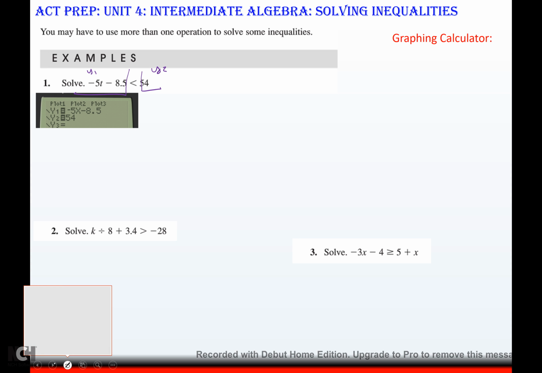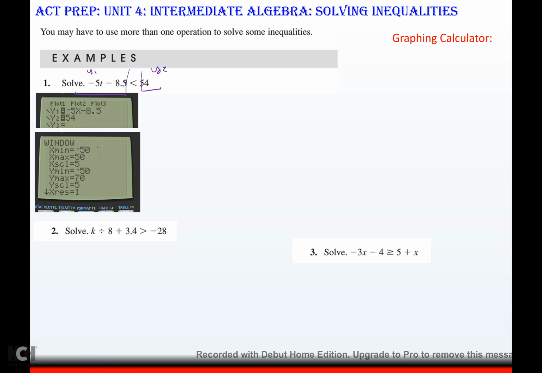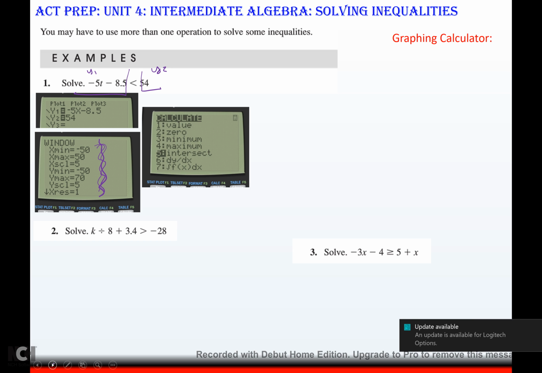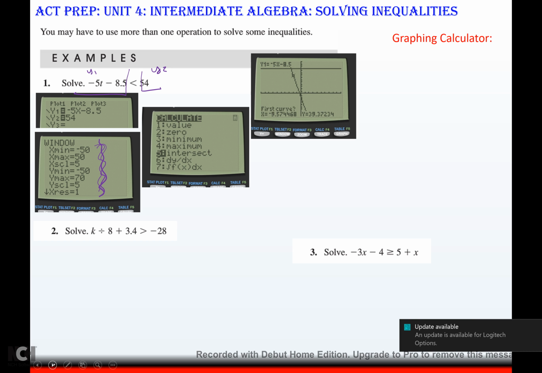So when I graph that, I had to pick my window. I didn't want you guys to have to sit and mess with that. The hardest part about using the calculator on solving equations is setting the window so that you see the right graph. If I just did a standard window, I wouldn't see what I needed to see. So I had to play around a little bit and mess with my window dimensions so that I could get a good picture, okay?